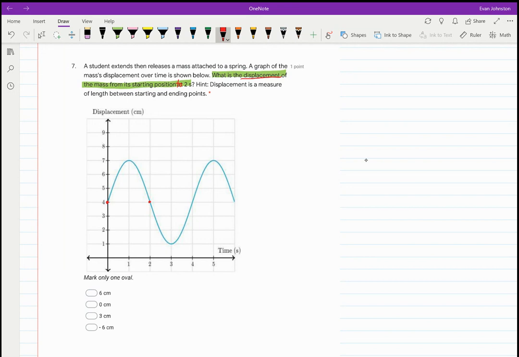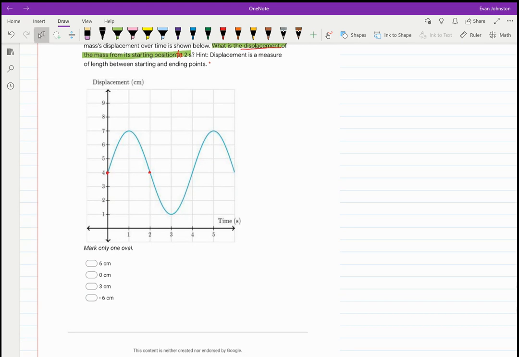The question above said the distance from 0 to 2 seconds. Now we want the displacement from 0 to 2 seconds. Well, if I look here, we start at 4 centimeters, and at our ending time, we're at 4 centimeters. Well, we've gone no displacement. We are displaced nowhere. So we got to pick 0 because we're right back where we started.